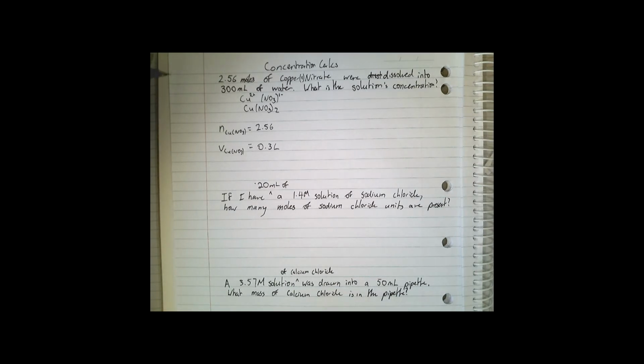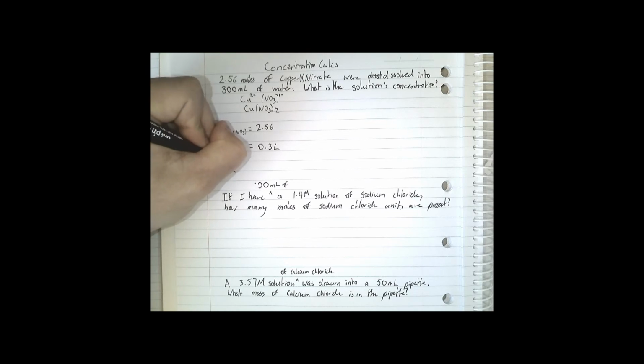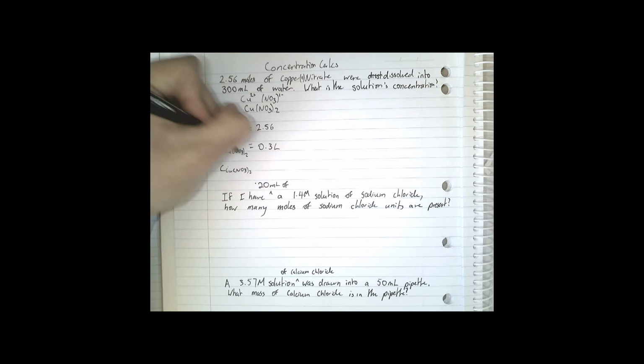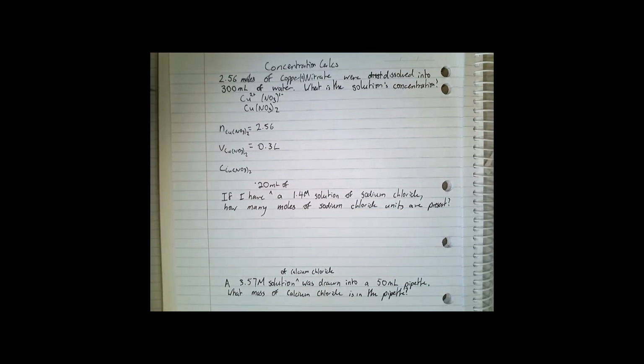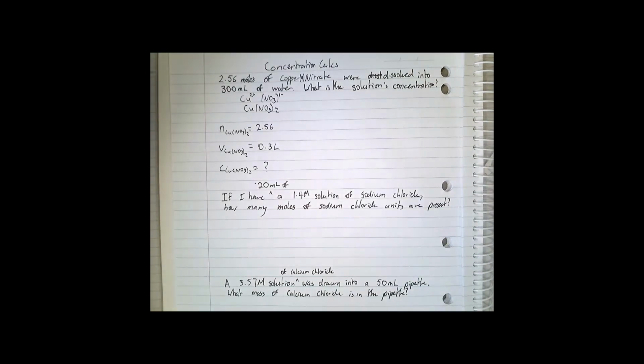So I've done that conversion straight away as well. All I've done is divide the number by 1,000. So we've been given N and V, but the concentration is what we're being asked to find. So the concentration of copper nitrate, just notice as well, I need to put 2's under all of my nitrates, is currently unknown, and what we're actually trying to find today.